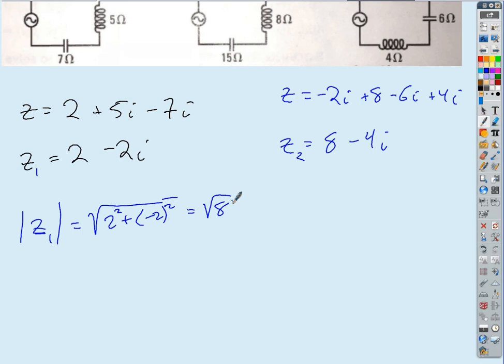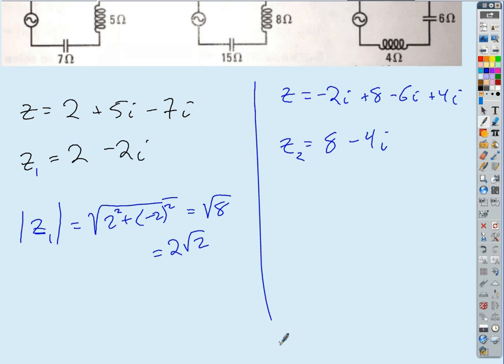Which we could turn into some decimal. I could break that up into the square root of 4, which is 2, times the square root of 2. So that's going to be something like 2.83 if we multiplied that out. Is that right? Yeah, that's about right. 2.83, something like that.